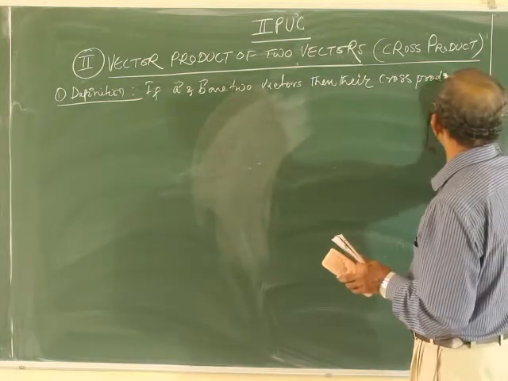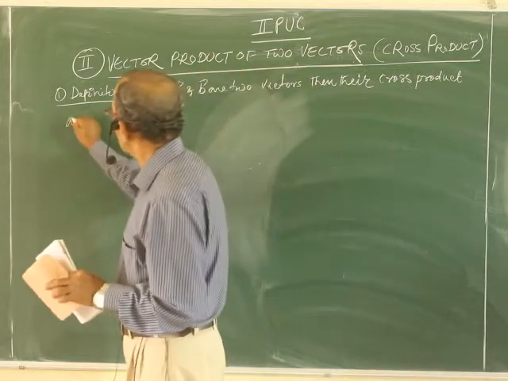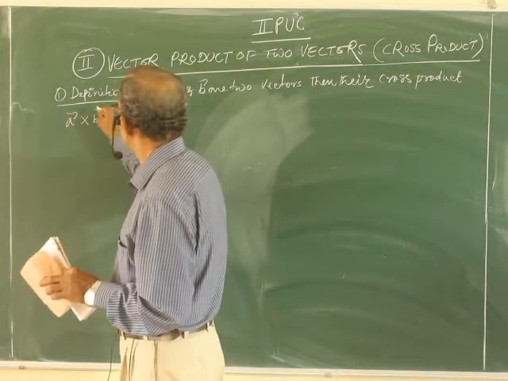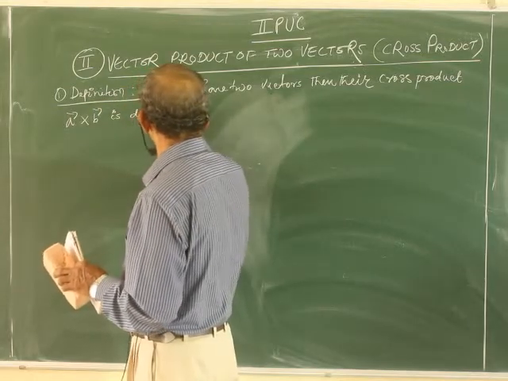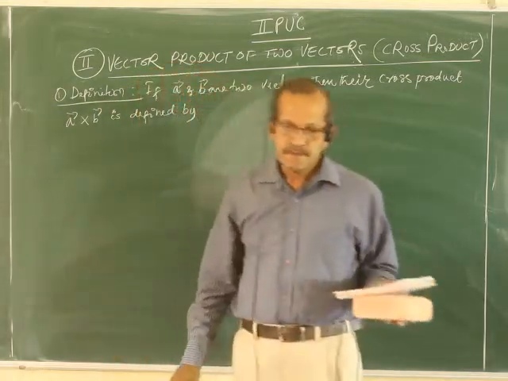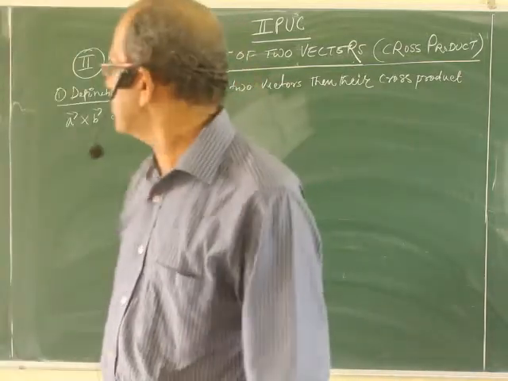Then their cross product A cross B is defined by... The definition of cross product I am writing as point number 1.